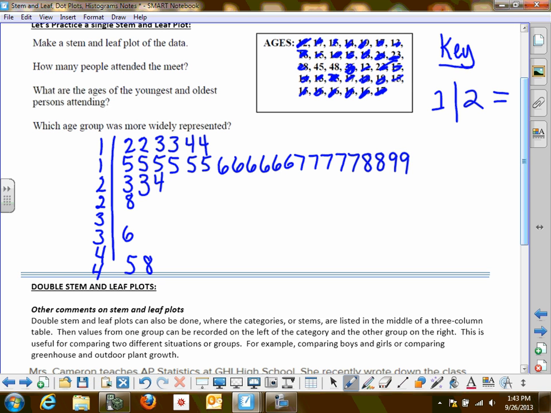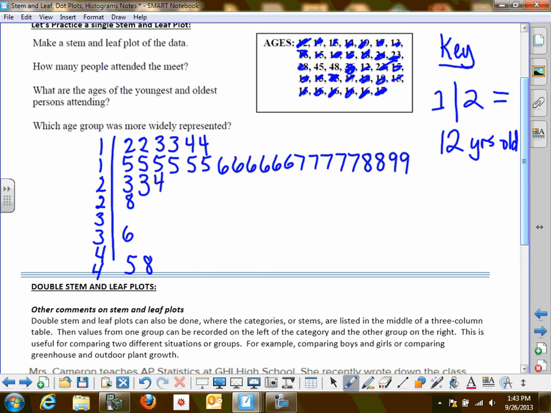So what does that number mean? And what is this about? It's about the ages. 12 years old. Important. Context in the key. So a 1 with a 2 means that person was 12 years old.